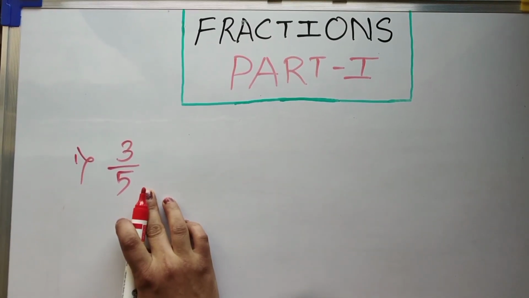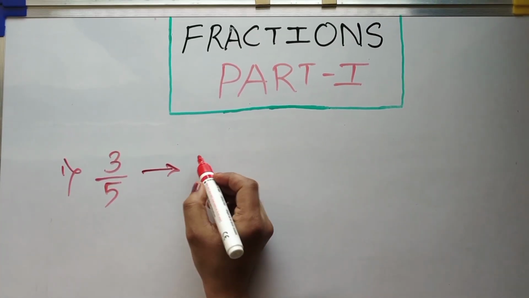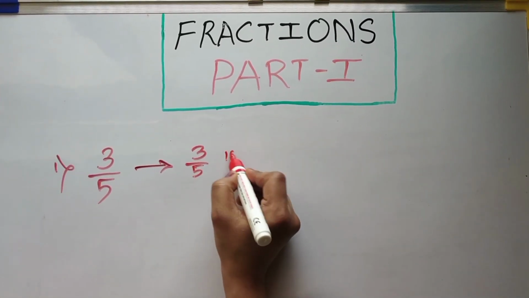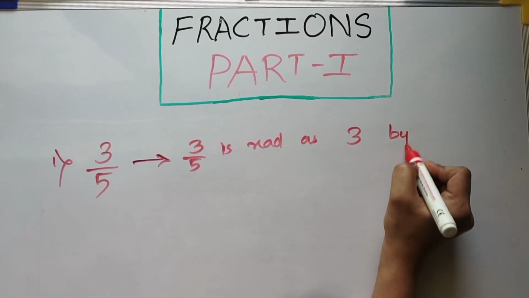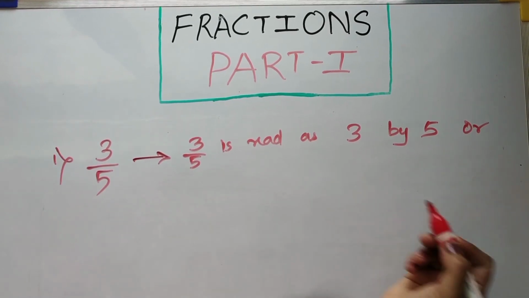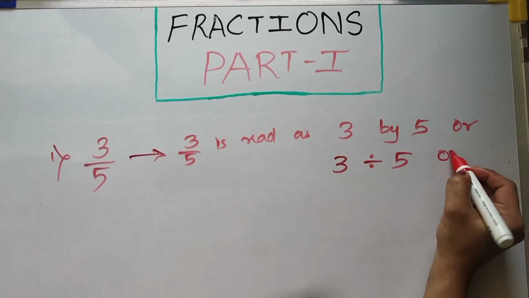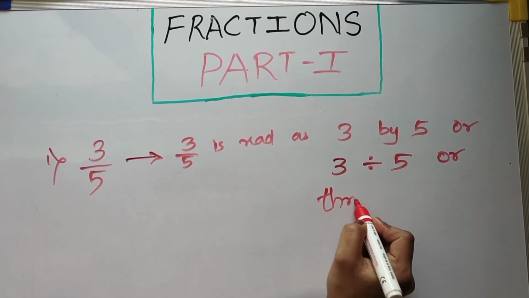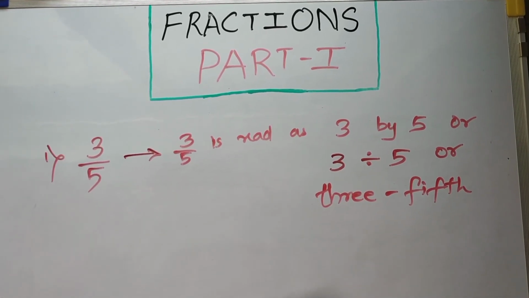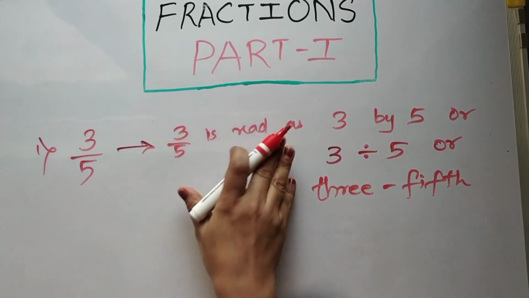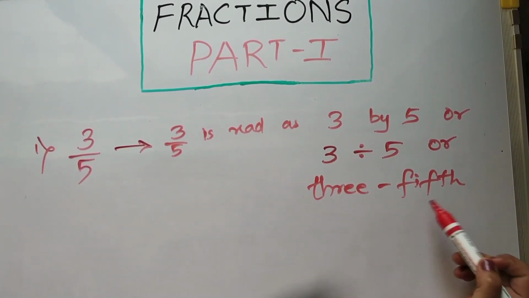We can read this in 3 ways. 3 upon 5 is read as 3 by 5 or 3 divided by 5 or 3/5. Clear? So a fraction can be read in 3 different ways. 3 by 5, 3 divided by 5 or 3/5.